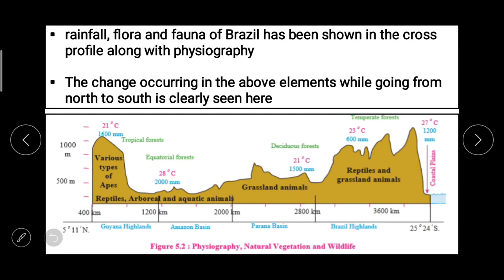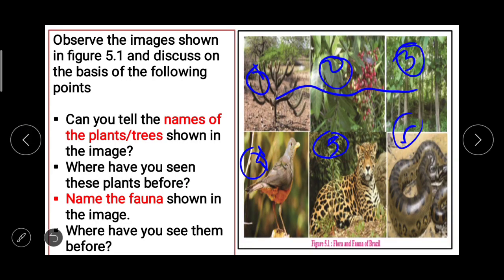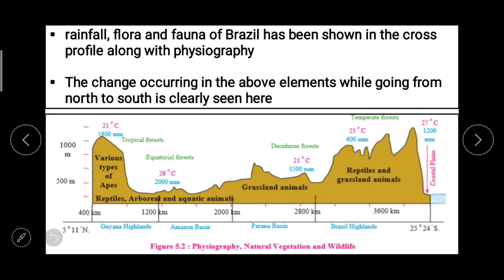Now you might have recognized the species shown in figure 5.1 and discussed them, because of the similarity between them and many Indian species, but these species are found in Brazil. The next one is figure 5.2, which shows physiography, natural vegetation and wildlife.